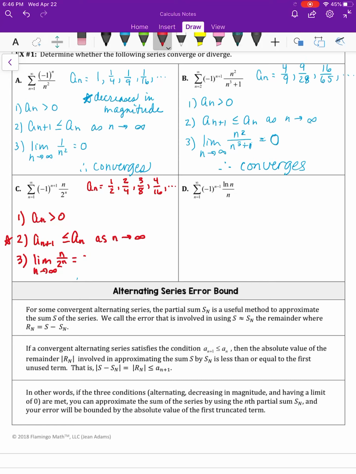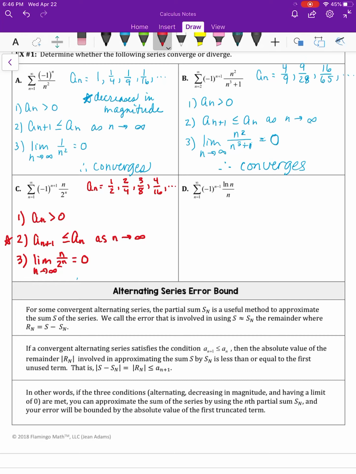Remember when I talked about exponential functions like 2 to the n or 3 to the n or 10 to the n and how strong they were and how fast they got huge. When you look at this one, the n in the numerator means nothing to 2 to the n as it goes to infinity. So this does go to 0.